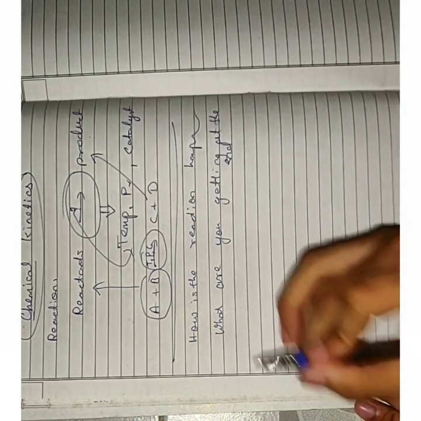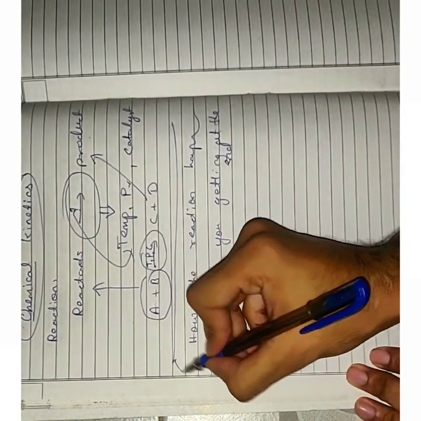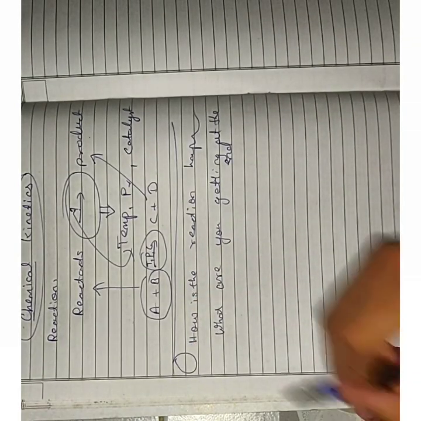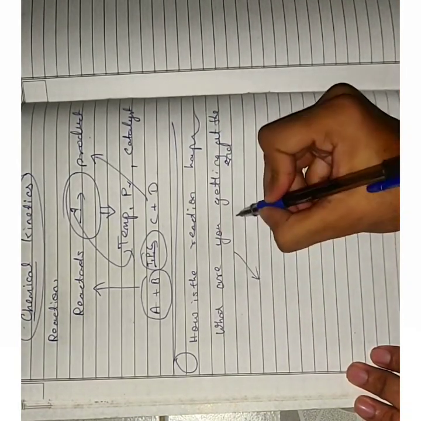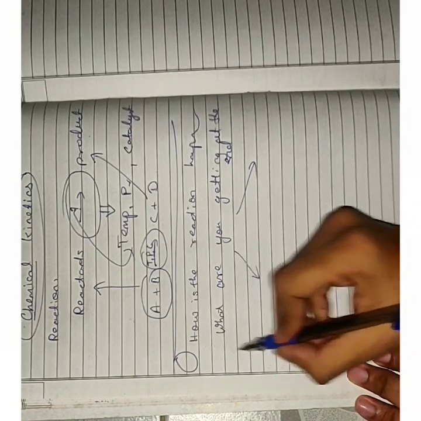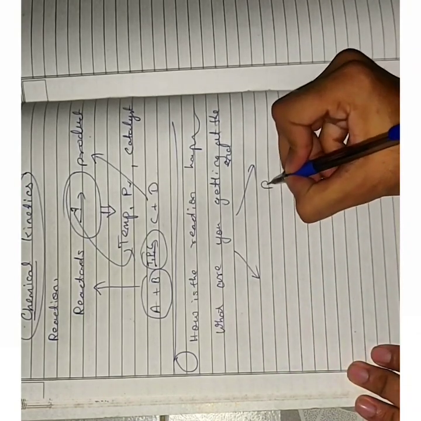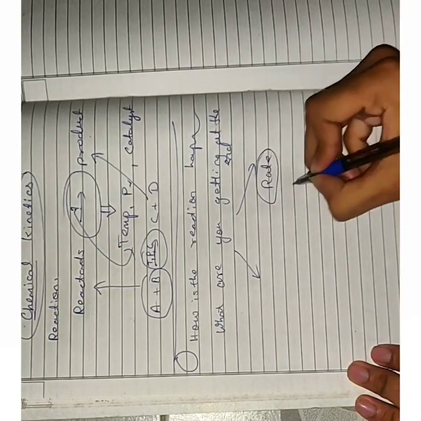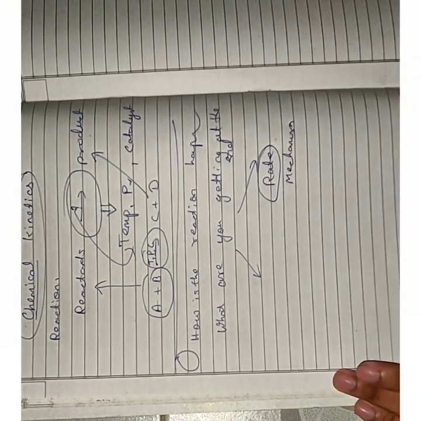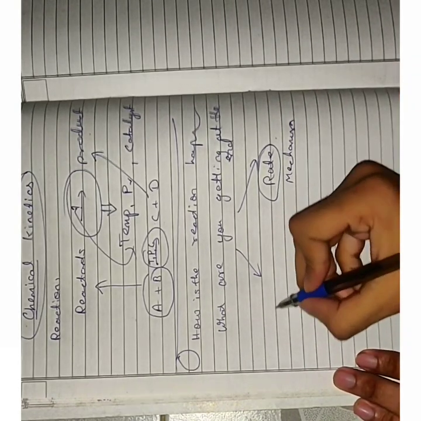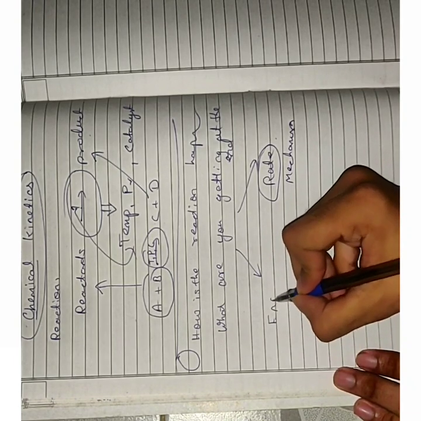It's like just knowing how tasty the food is or how the food is made. There are two aspects. One involves learning the rate of the reaction, that is the mechanism, and the second involves knowing only the end products.